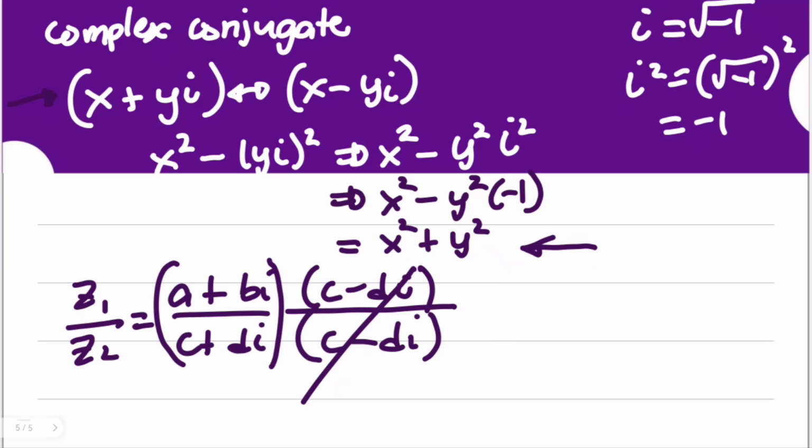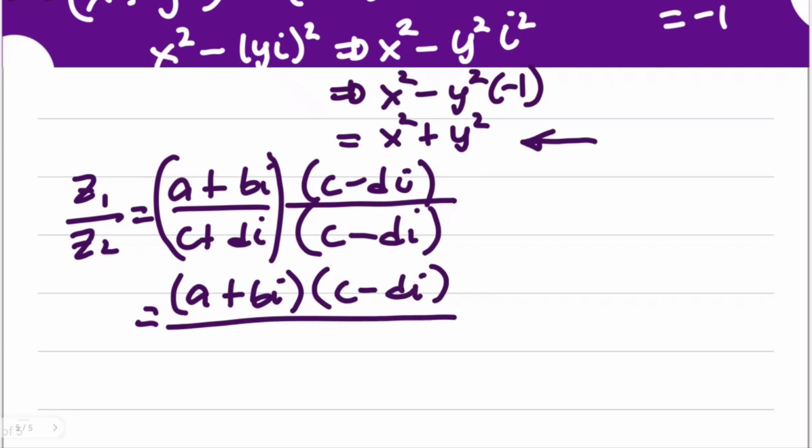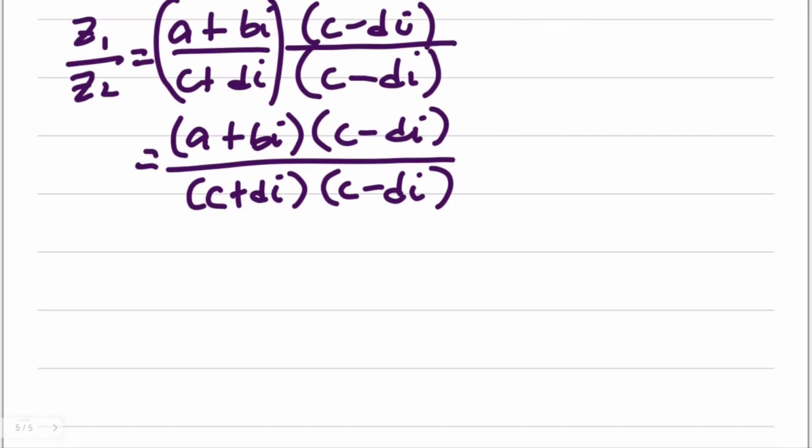With that, this is actually equal to (a + bi)(c - di) for our numerator, and for our denominator it would be (c + di)(c - di).